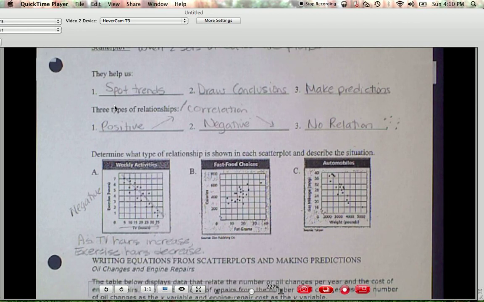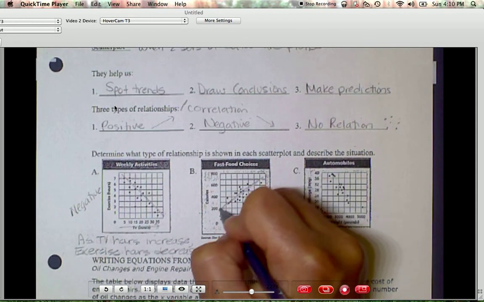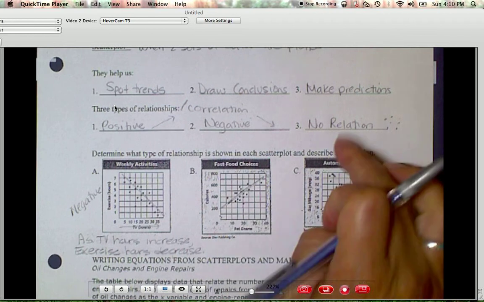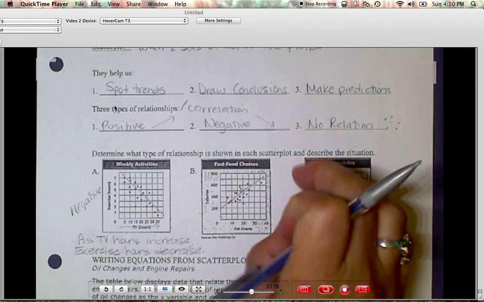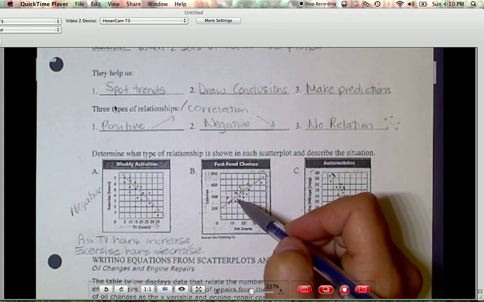Now there are scientific ways to decide how strong the correlation is. But if we were forced to find a relation, it would probably be this direction. Now if it's no relation, generally it is much more scattered than this. But if you say no relationship here on a test, I would understand that.